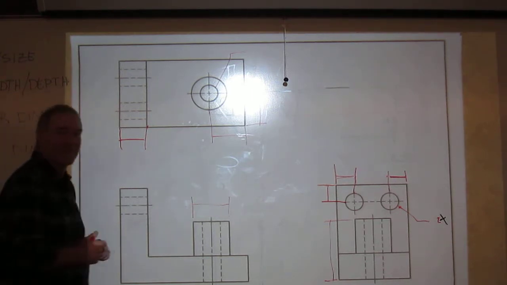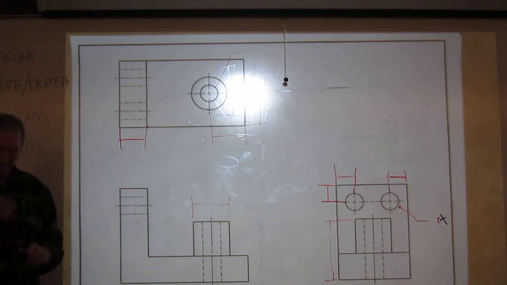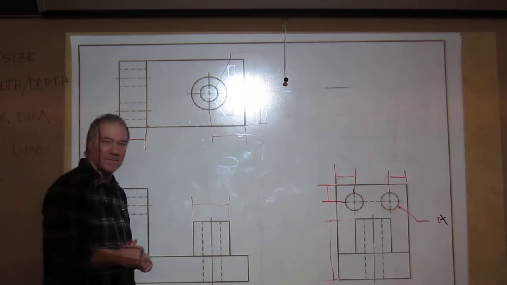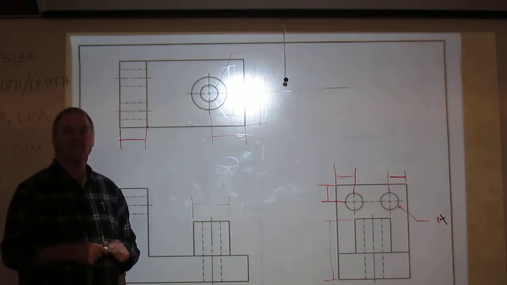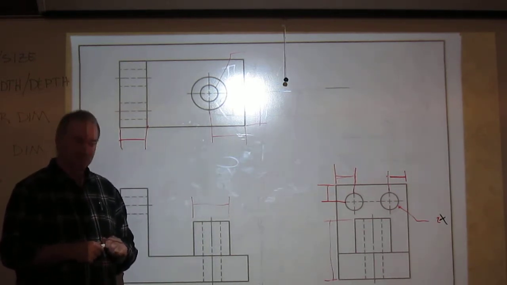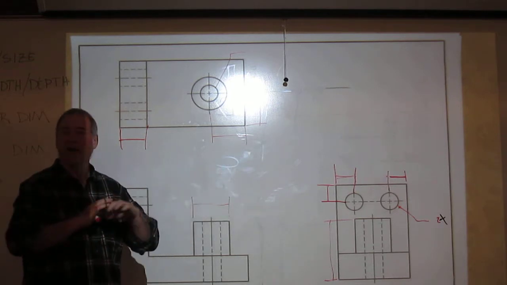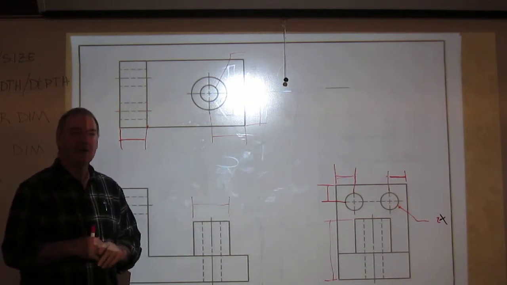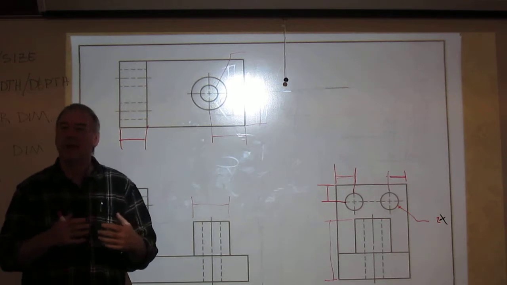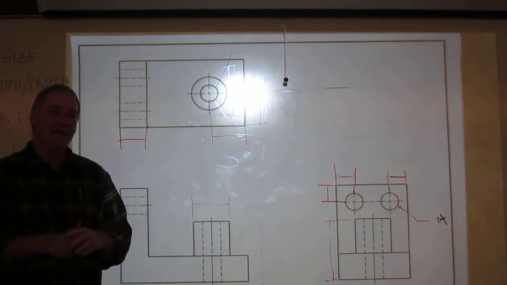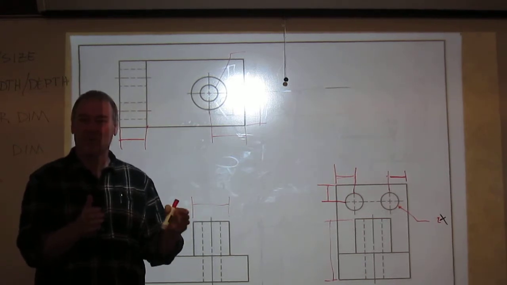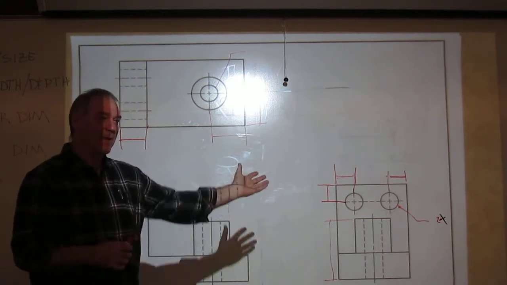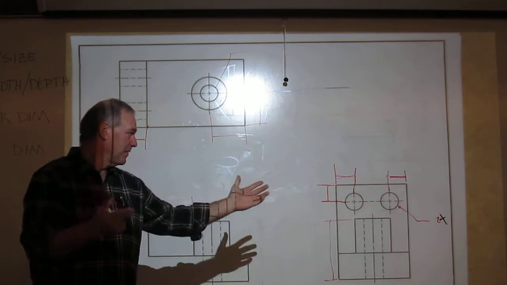Wouldn't it depend on the use of the part, whether the distance between the holes matters more than the distance from the edge to the hole? Great point. Yes, that has everything to do with it. I hope you're picking this out with dimensioning. When we dimension, in essence, we're telling them how to build it, and what's important with the part. Granted, we don't really know on this, but Sean, you brought up a great point.